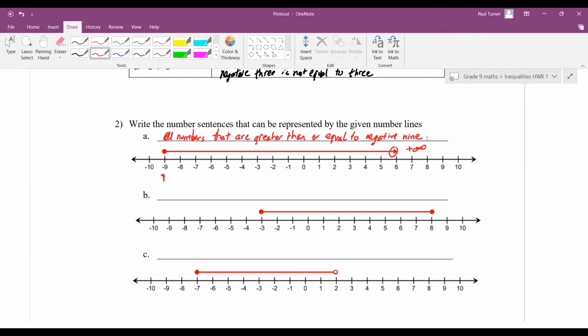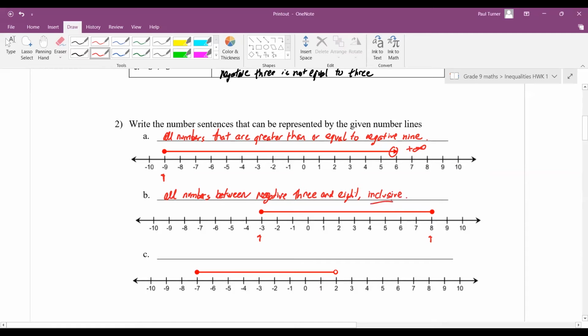Okay, and B, we've got from -3 until 8. So one way I would write that, I would say all numbers between -3 and 8 inclusive.